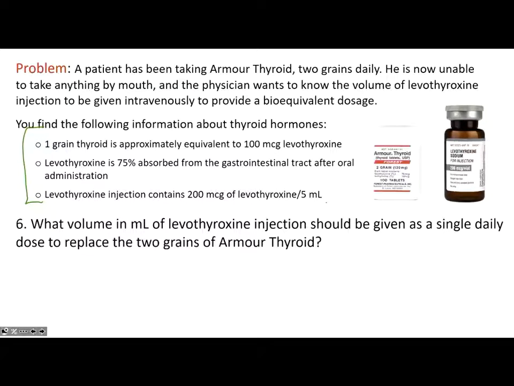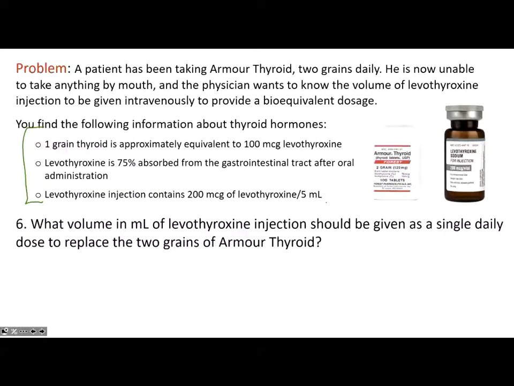Again, we're going from an oral route to an IV route. So remember when we did some of our pharmacokinetics, we talked about bioavailability and not a complete absorption. So we're going to say that levothyroxine is only 75% absorbed from the GI tract. So not all of the dose he's taking orally is getting into his blood. In fact, only 75% is getting absorbed. So we're going to have to account for that.